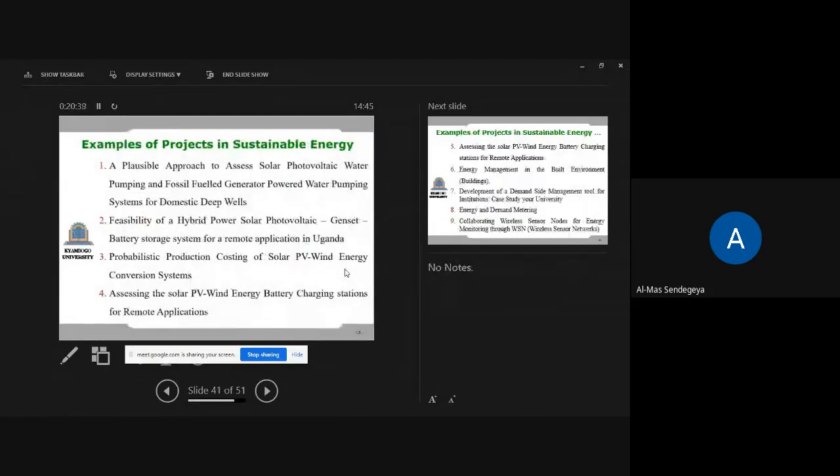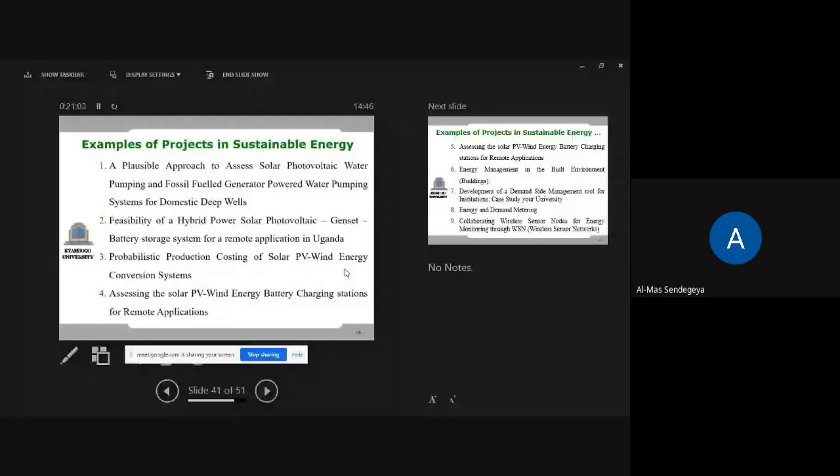Therefore, after that long presentation, I thought, what could be very good project examples? These are some of the proposals I have in mind as titles. For example, you can think about a plausible approach to assess solar PV water pumping, and compare feasibility of hybrid power: solar PV and generator set.